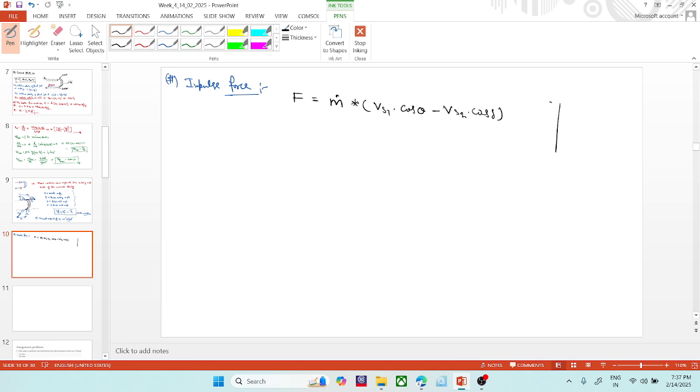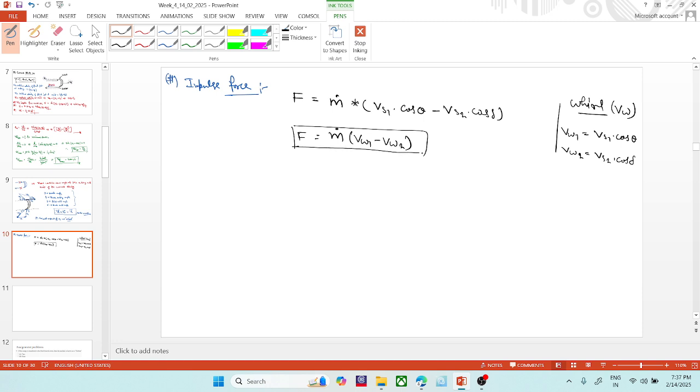Basically, these are the whirl components at the inlet and the exit. Whirl means Vw. So the whirl component at inlet is VS1 cos theta, and the whirl component at exit would be VS2 cos del. So this impulse force can also be written as m dot into whirl at inlet minus whirl at exit. So this is one expression.